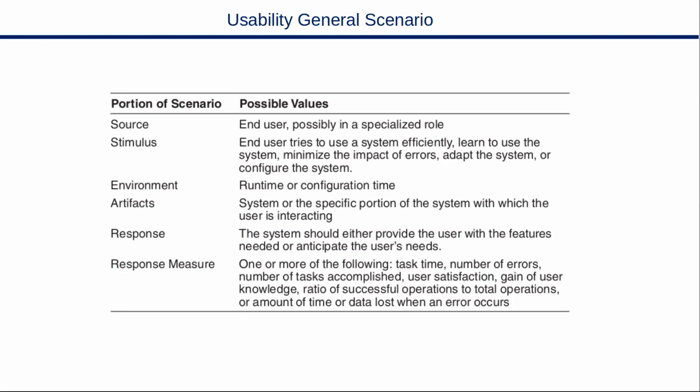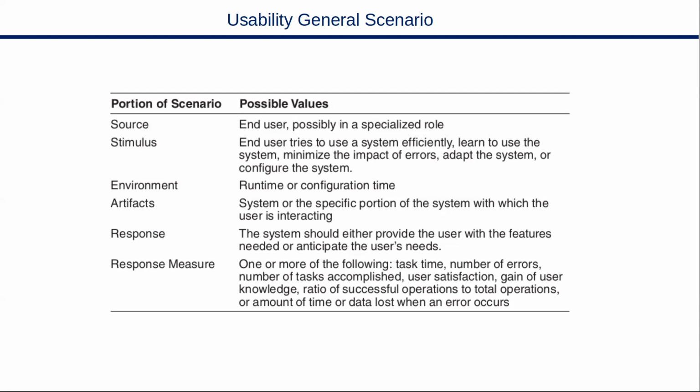It's always the source of the stimulus for usability. The stimulus is that the end user wishes to use a system efficiently, learn to use the system, minimize the impact of errors, adapt the system. The environment: the user action with which usability is concerned always occurs at runtime or at system configuration time. Other times the user is not thinking about it.